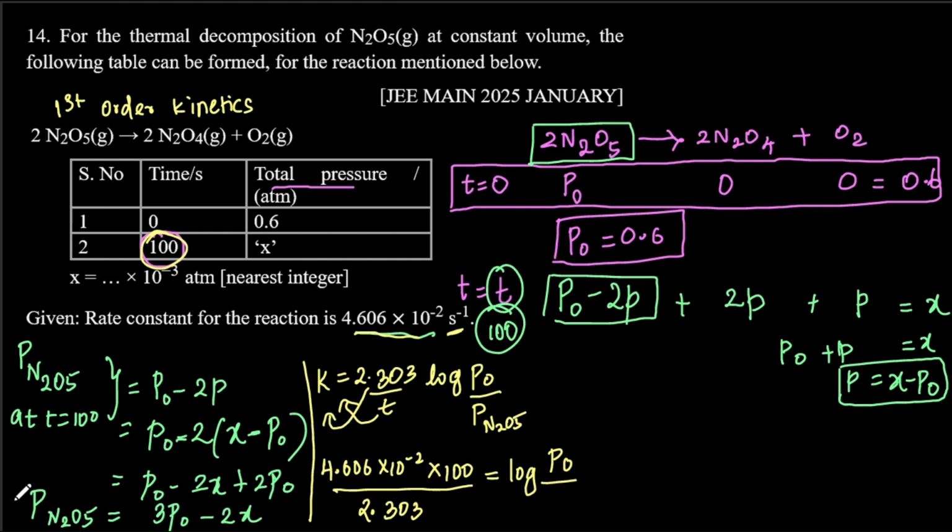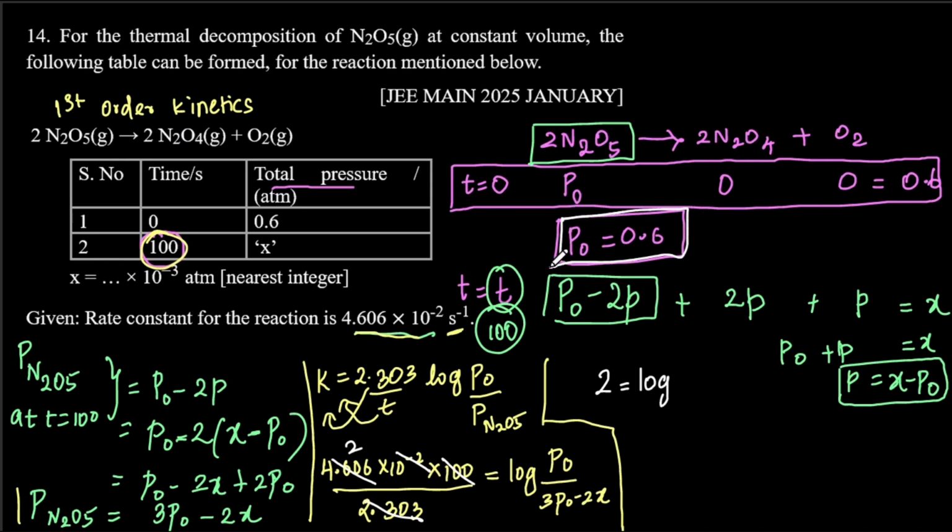We have found out here P N2O5 is 3P naught minus 2x. So you have to solve this. 10 power minus 2 and 100 will get cancelled. 4.606 divided by 2.303 is 2. So on the left hand side you have 2, and on the right hand side you have log of P naught value 0.6 divided by 3 into P naught.